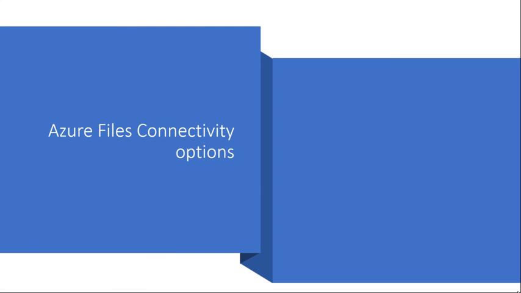We have some different connectivity options available to us depending on whether we are accessing our file shares either internally or externally. In this context, accessing it internally or externally implies the Azure region where the storage account exists, where the file share exists.